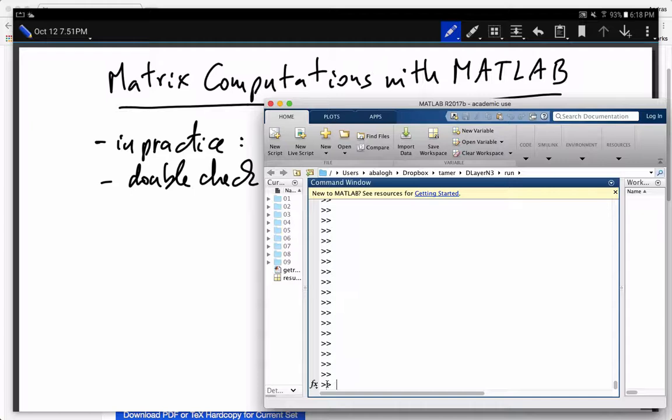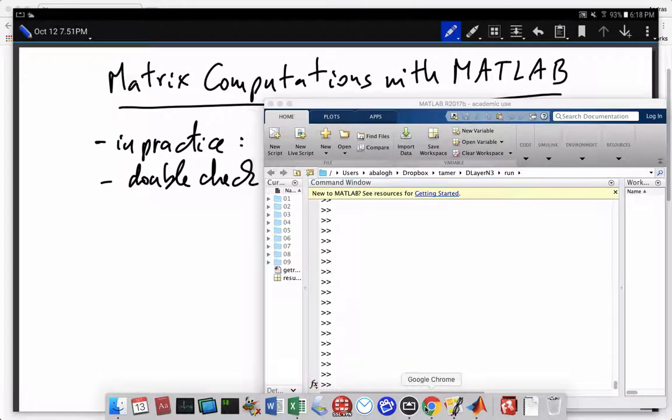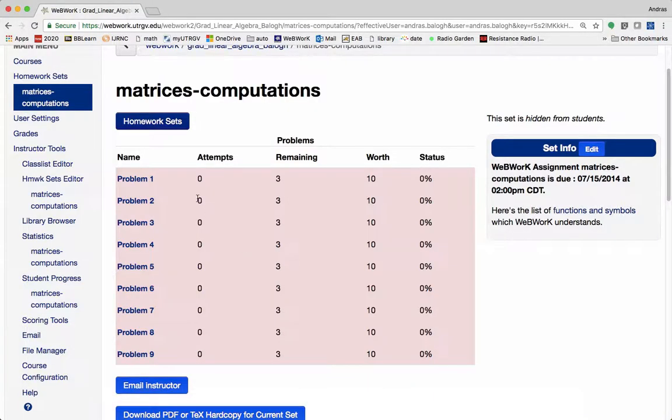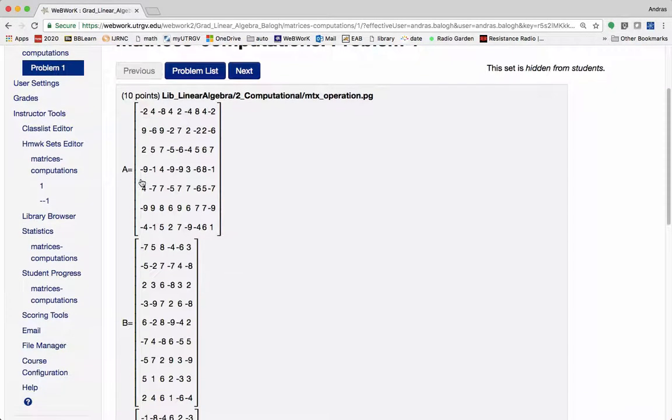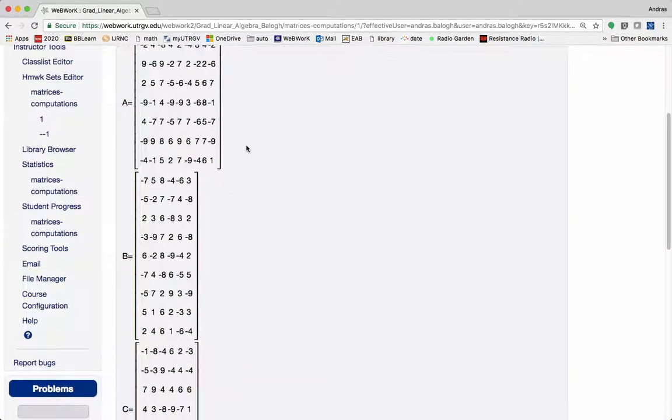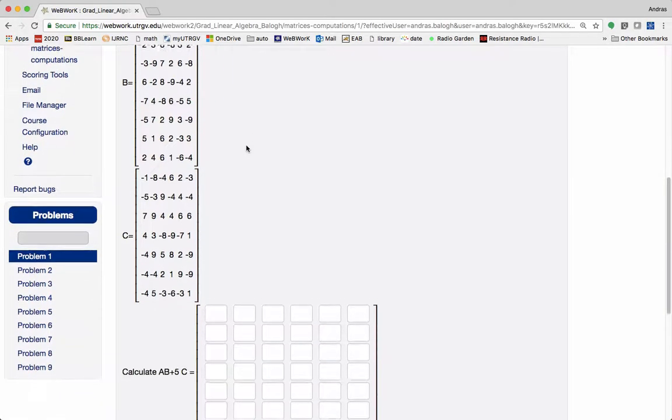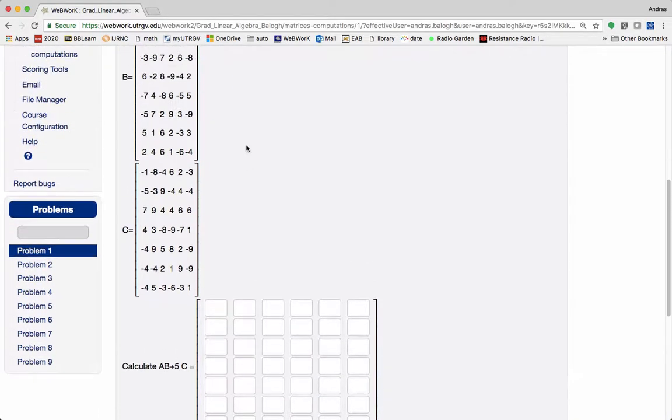So the MATLAB prompt has these double inequality signs. And the assignment will be on WebWork, and it will involve some larger matrices. You don't have to enter these matrices one by one, entry by entry.